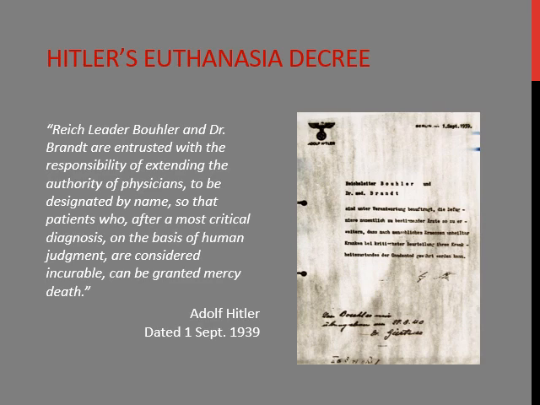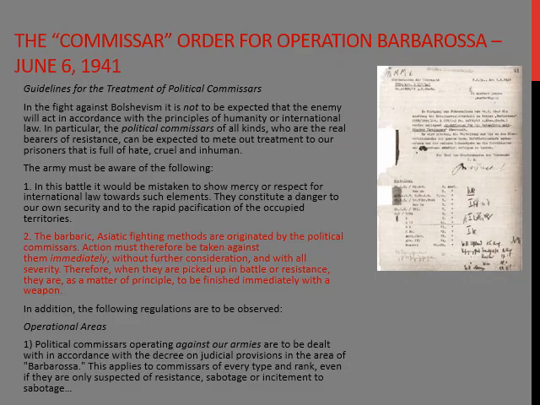Physicians don't normally kill their patients, and soldiers don't normally kill civilians. At least that's the rules of war. So this idea that the Fuhrer is going to expand the task of a group of people to achieve a particular Nazi ideological goal, the precedent is set here all the way back in 1939.